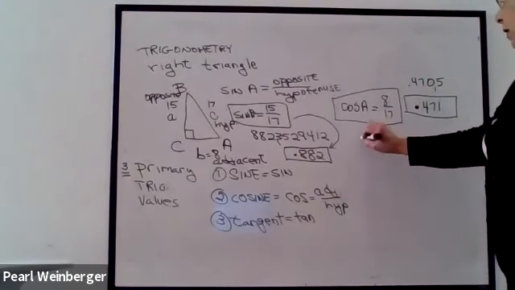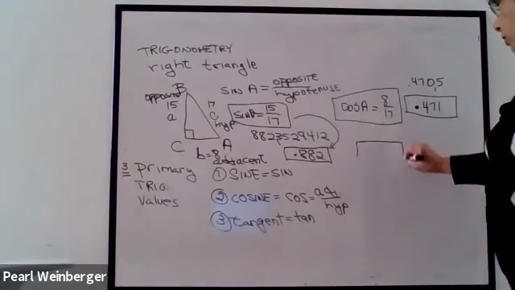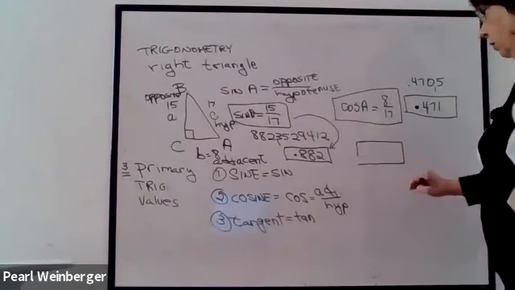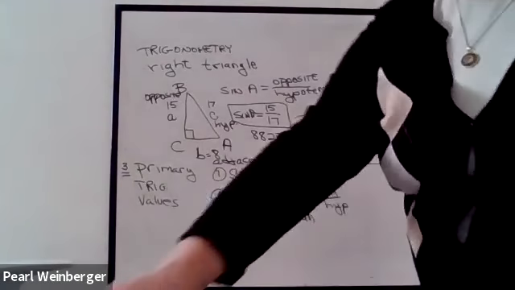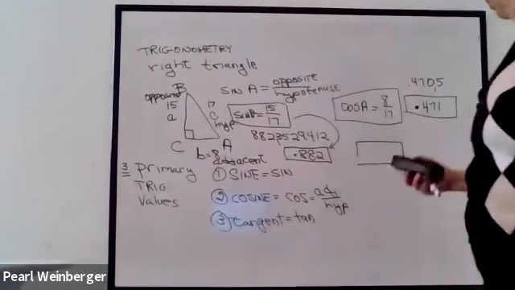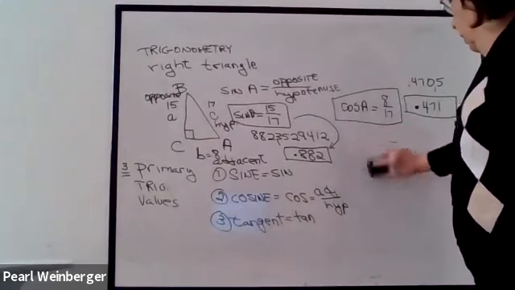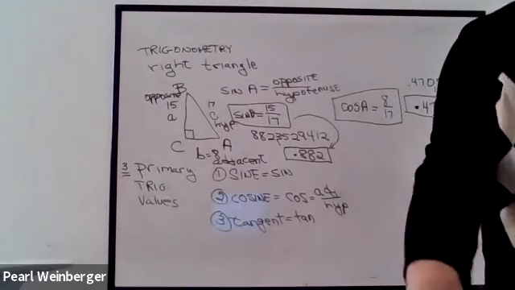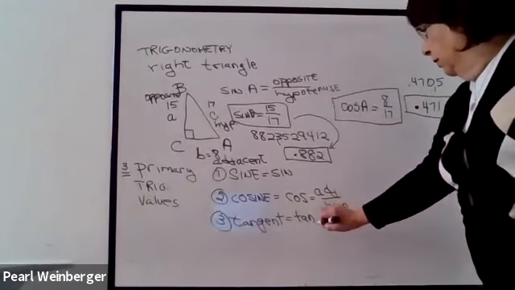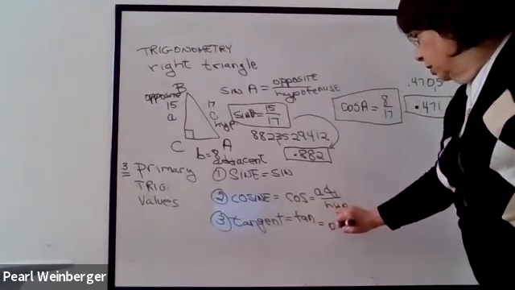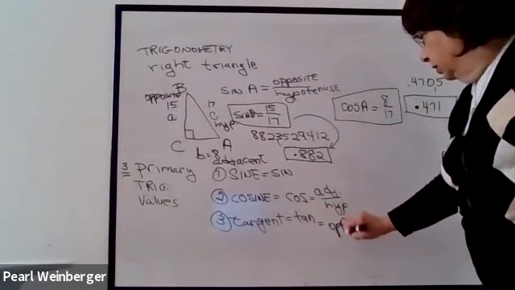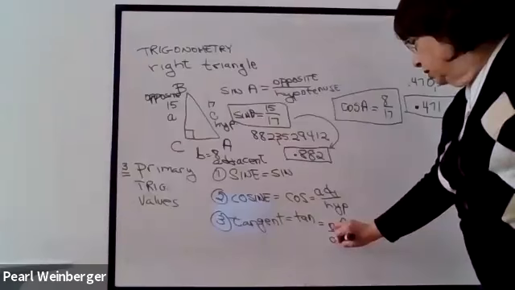And finally, we have tangent of A. The tangent we find by doing the opposite side over the adjacent side.